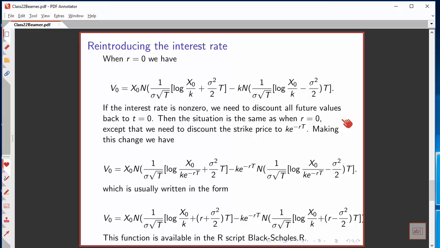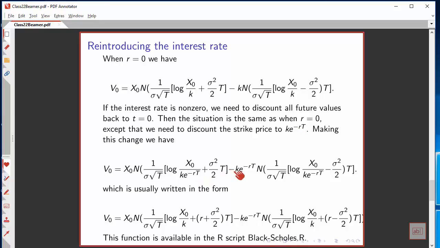You can say if we only express values in terms of time t equals 0, we're effectively dealing with a changed situation in which there is no interest to be taken into account. What's the only thing that has to be changed? Well, we've got to discount the strike price, which is a value at time capital T. We have to discount that to k times e to the minus rT.